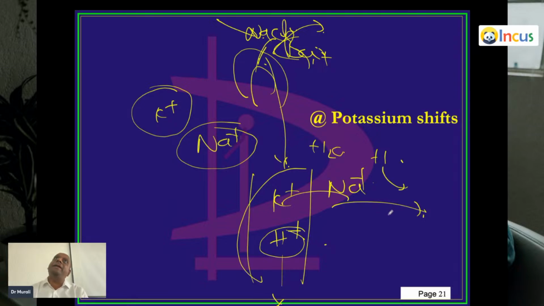Hypovolemia stimulates secondary hyperaldosteronism. And aldosterone will come and cause sodium retention and loss of K plus and H plus into urine. That's the reason there is a metabolic alkalosis and hypokalemia, even in Bartter, even in Gitelman, and also in case of Liddle.